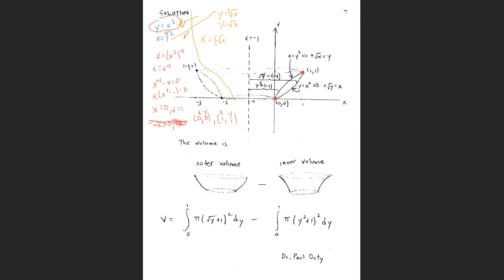That would get you x equals x squared. So x squared minus x equals 0, and so x times x minus 1 equals 0. So x is 0 and x is 1. And sure, Mark, that's absolutely fine.